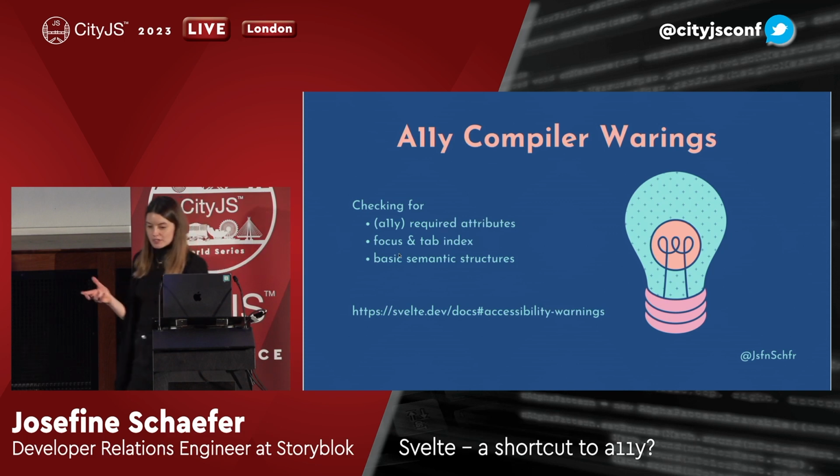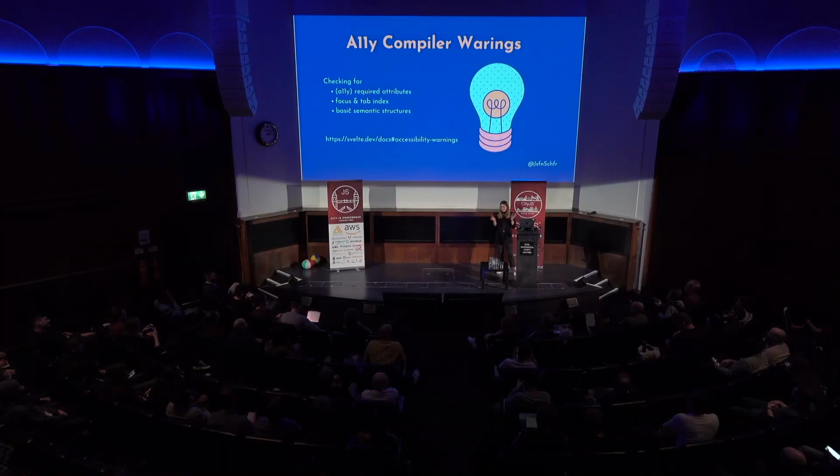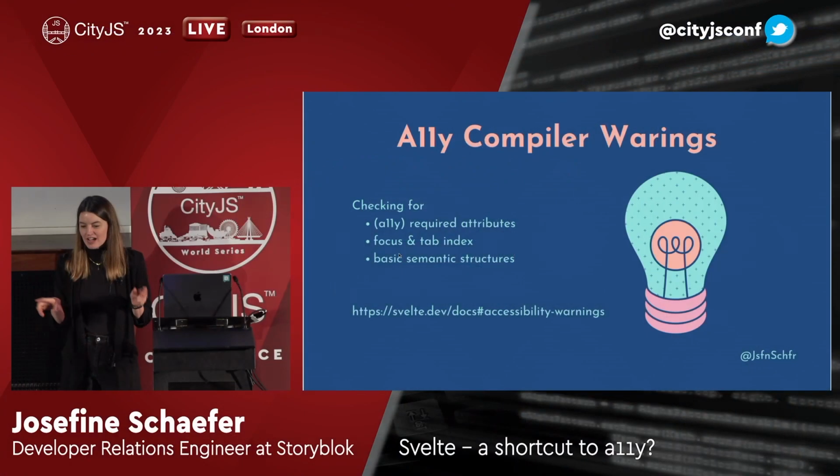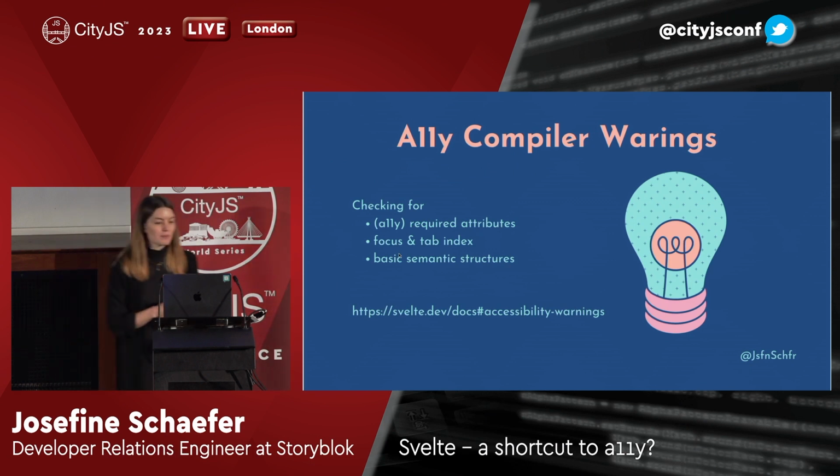So the compiler warnings check, for example, for required attributes, for things like focus and tab order, and some basic semantic structures. And yeah, you can check a full list. They're also adding some in the docs, and they're continuously being improved.